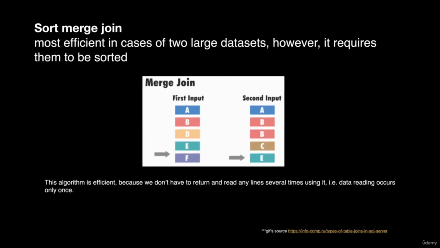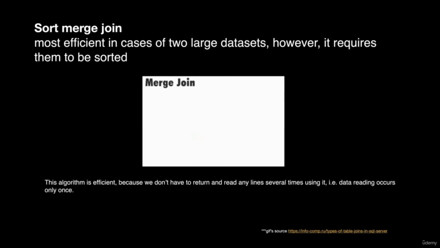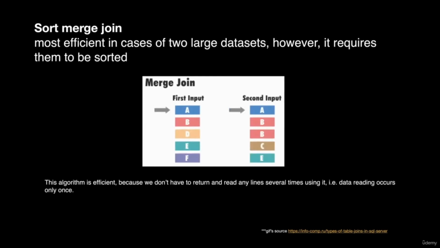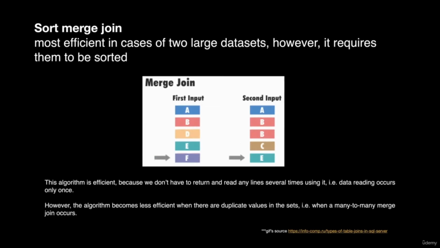This algorithm is efficient because we don't have to return and read any line several times using it. That is, data reading occurs only once. However, the algorithm becomes less efficient when there are duplicate values in the sets. That is, when a many-to-many merge join occurs.